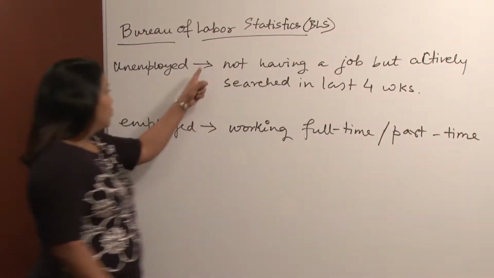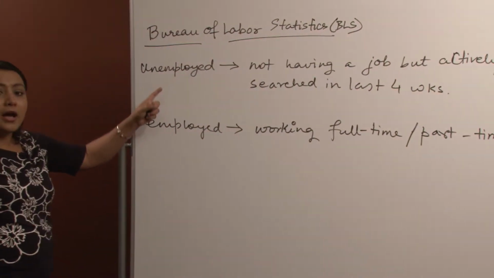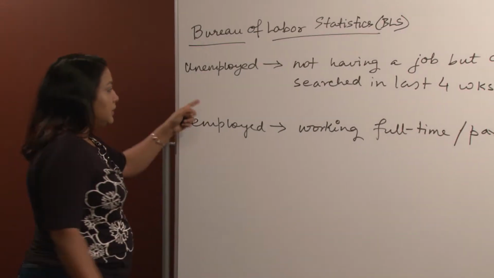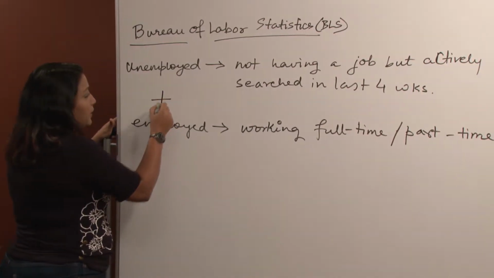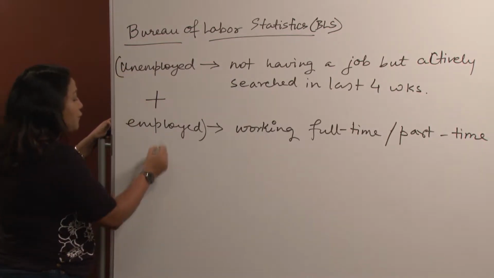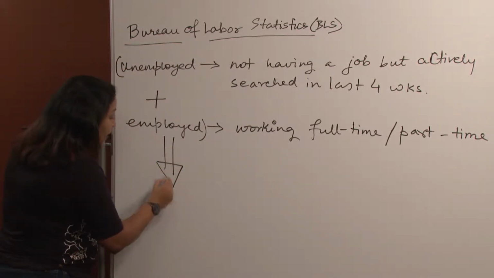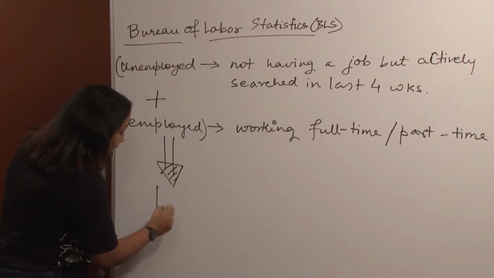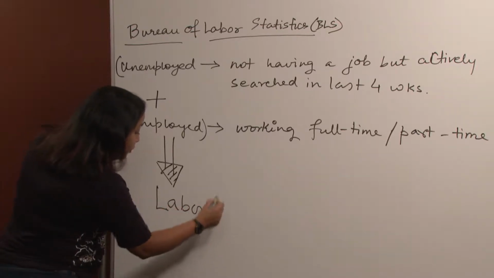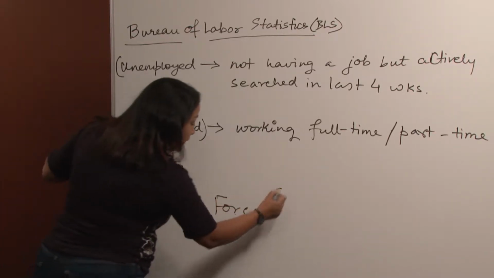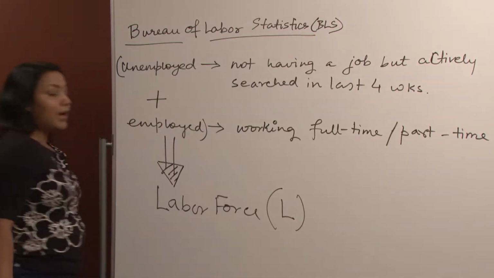Now, these two groups of individuals, the employed and the unemployed people, together form the labor force of a country, and the labor force is denoted by a capital L.